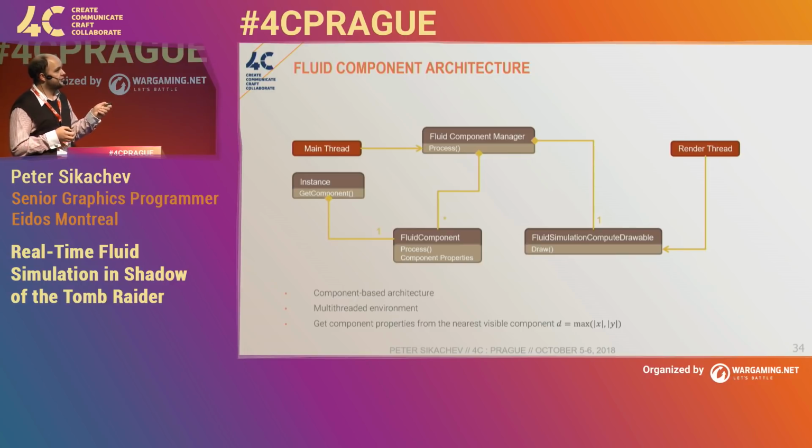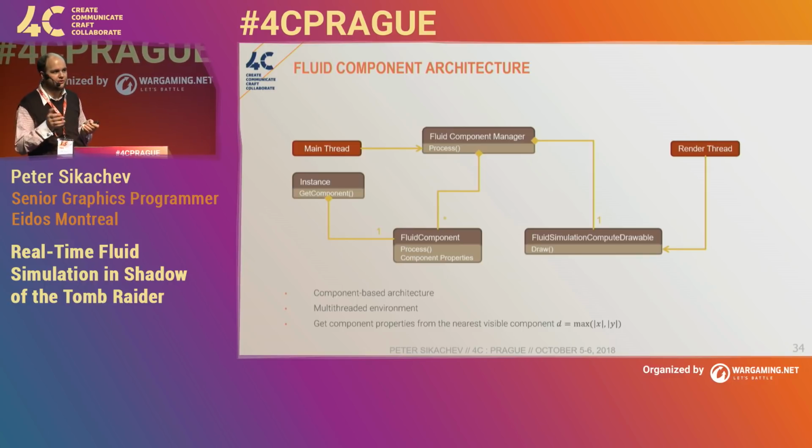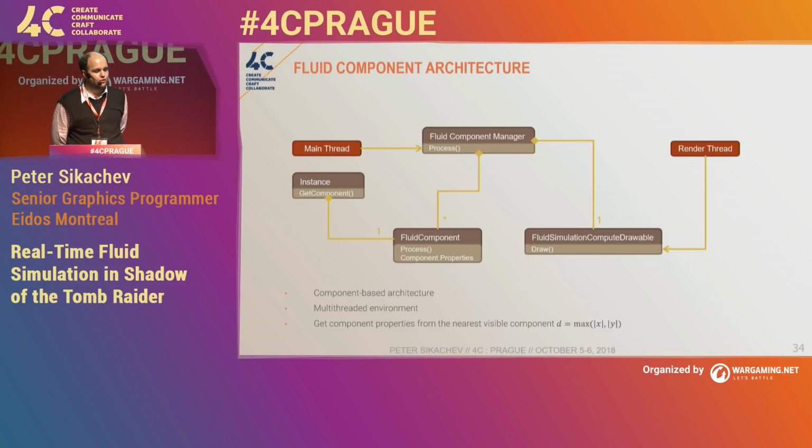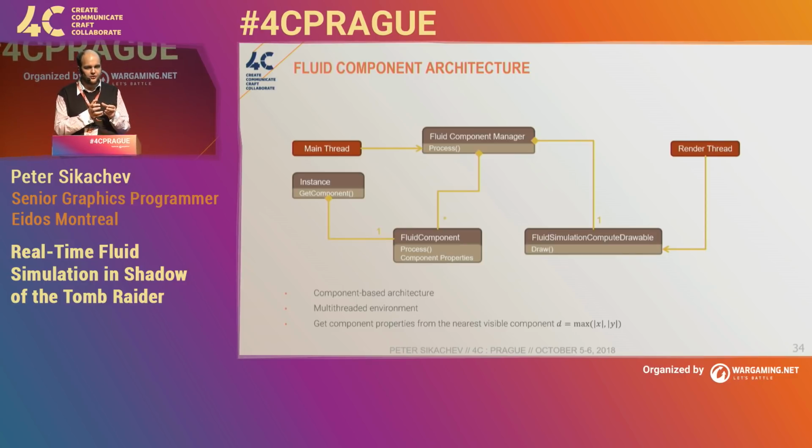When the drawables are flushed on the rendering thread, it calls the draw function, which does all the work. It runs the simulation, so it's a little bit misleading because we don't actually draw anything here. But the idea with a drawable is that it contains all the state that you need to render on another thread, and it's basically a thread-safe entity.